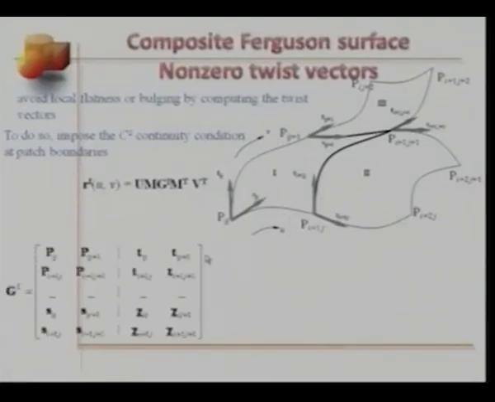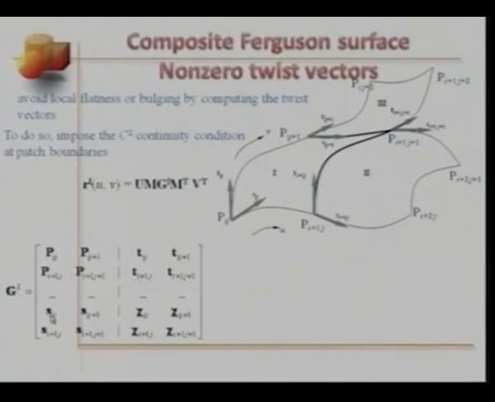The geometric matrix G1 for this patch, as you know, is Pij, Pi,j+1, Pi+1,j, Pi+1,j+1. The slopes along the v direction: Tij, Ti,j+1, Ti+1,j, Ti+1,j+1.